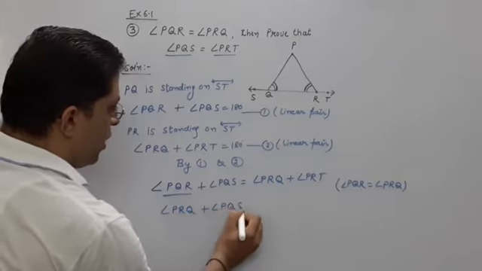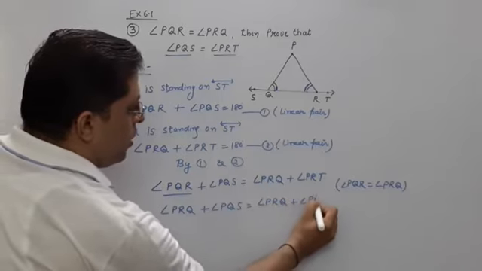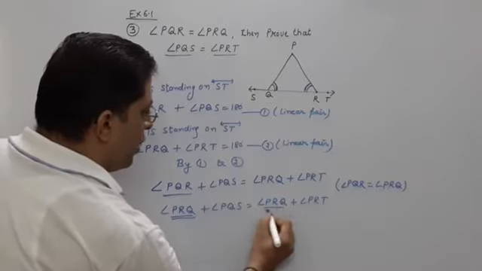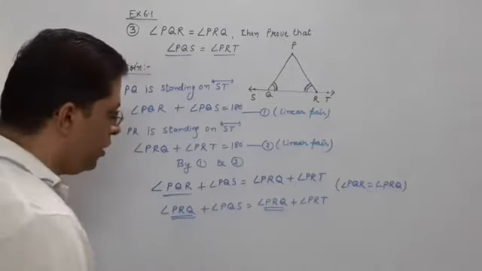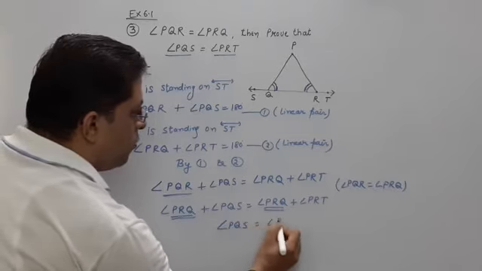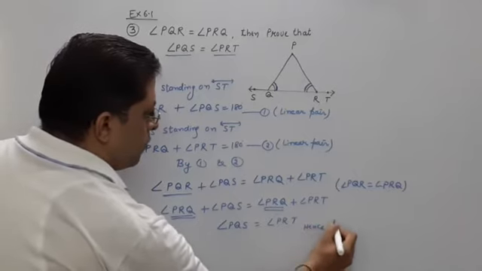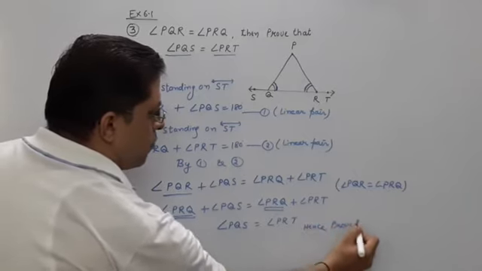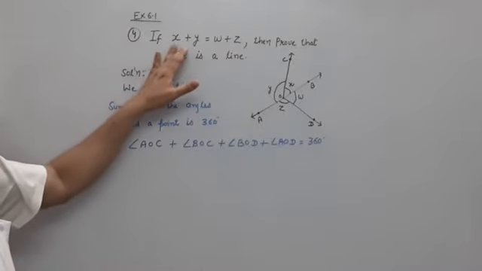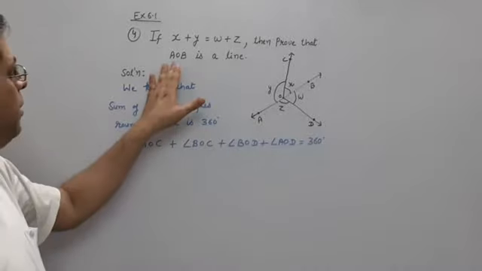Here PQS, PRQ as it is, and this is PRT. Okay, PRQ here and PRQ here, you can eliminate, you can cut. Then what is the answer? PQS is equal to PRT, hence proved.